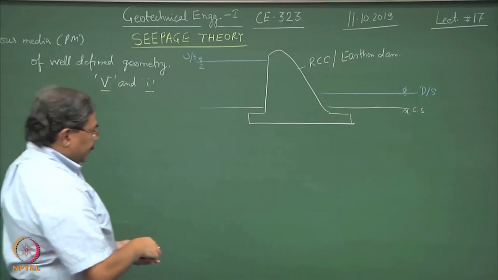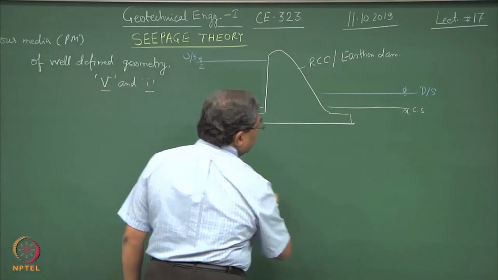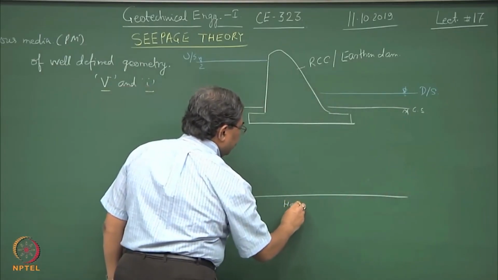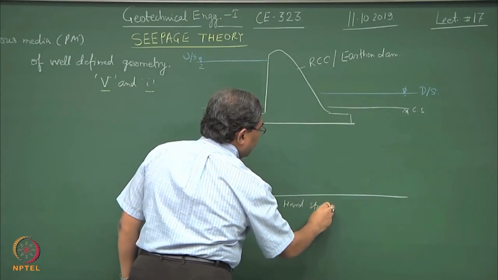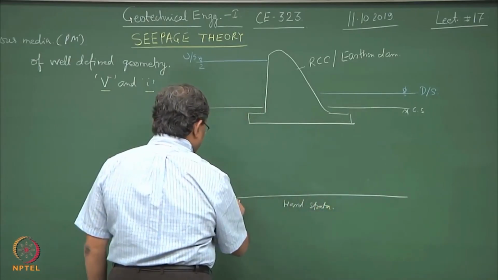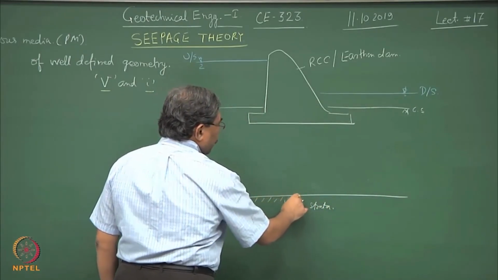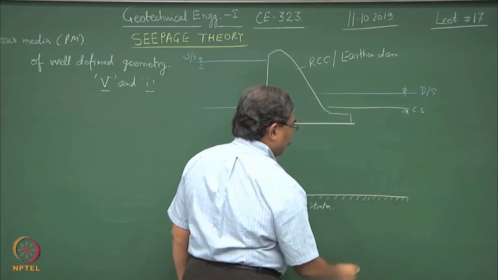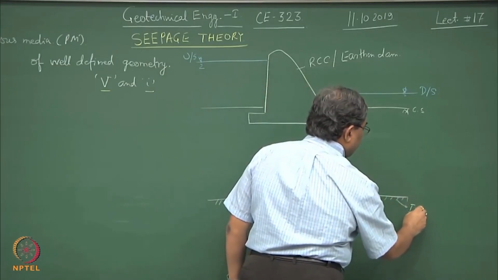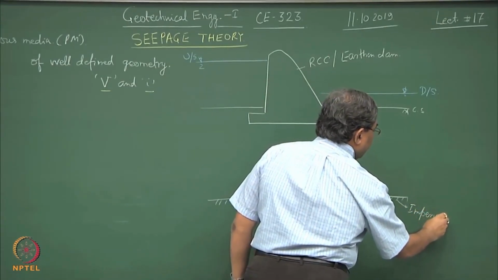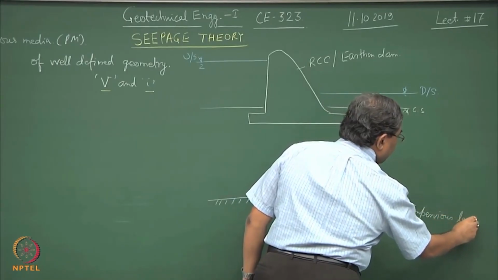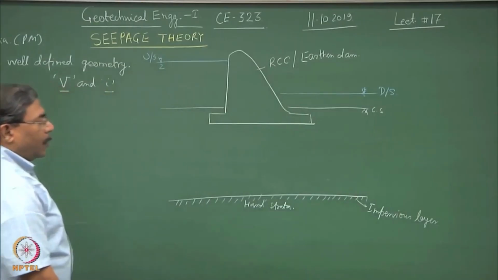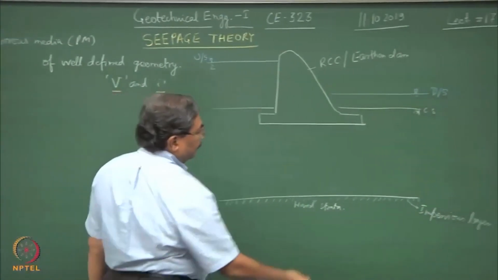And if I demonstrate the hard strata by drawing this line, so this is the impervious layer. This is how we define the impervious layer. That means there is no flow which is going to take place across this line.